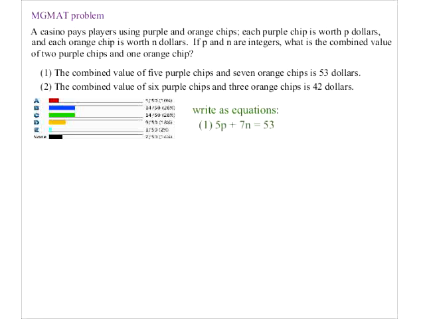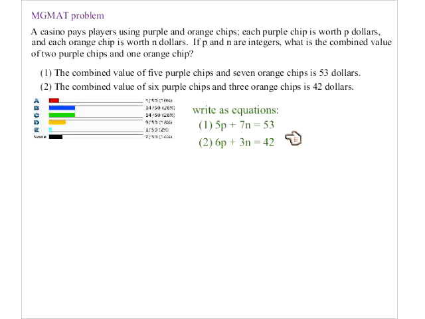The second equation winds up giving us that 6p and 3n is 42. Now, everybody, smiley face if you understand how we got these equations. I'm making some assumptions here, but other face if you don't. If there's enough other faces, we'll talk about it. Okay, we're good on that.